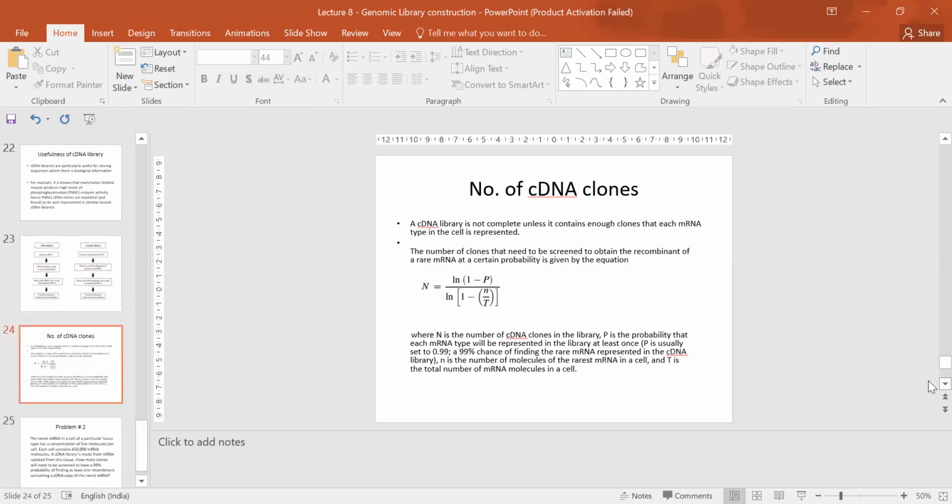For the cDNA library clones, there is another interesting numerical you may find using the formula. And I must tell you to please practice this numerical, because in any competitive examination you will get at least one numerical question of 4 marks.